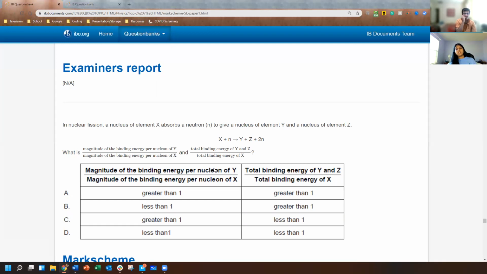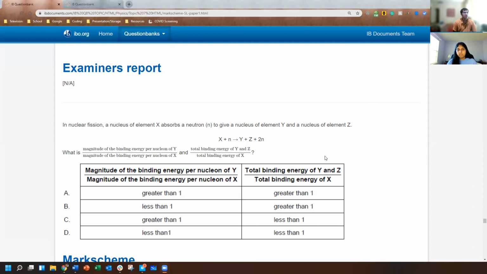Y and Z over X is definitely greater than 1, but I don't know about Y over X. How do we know that? Well, the total binding energy of Y and Z should be even more than just X, right? Or just Y, sorry.